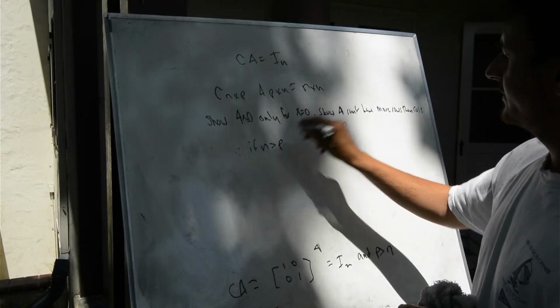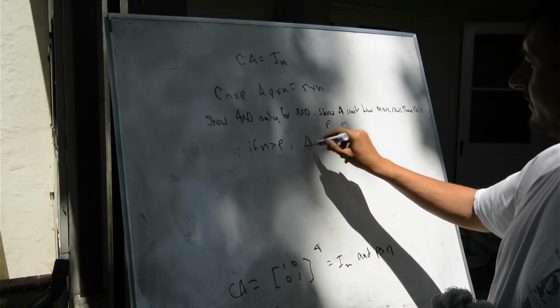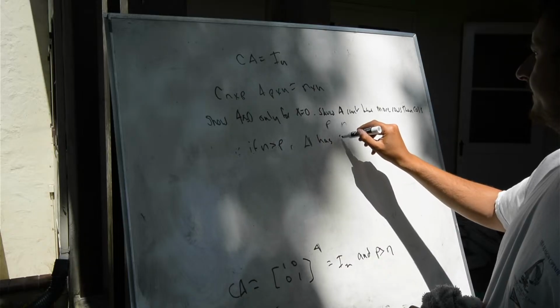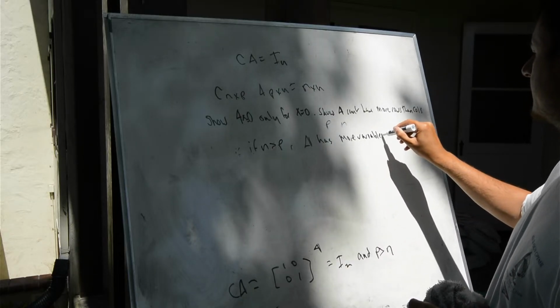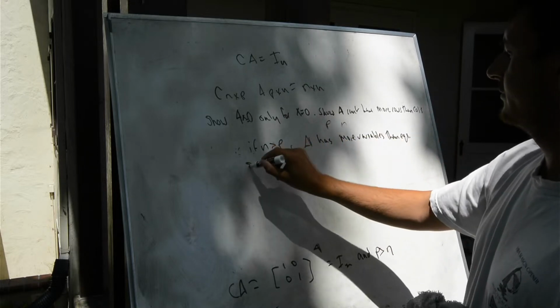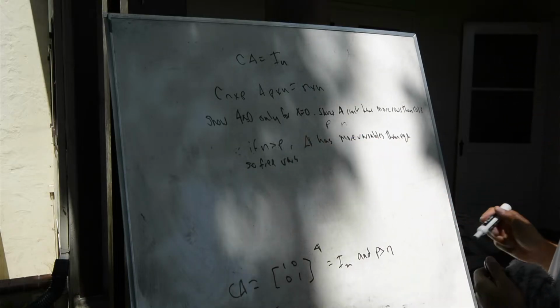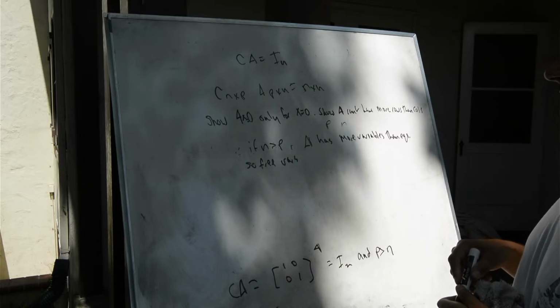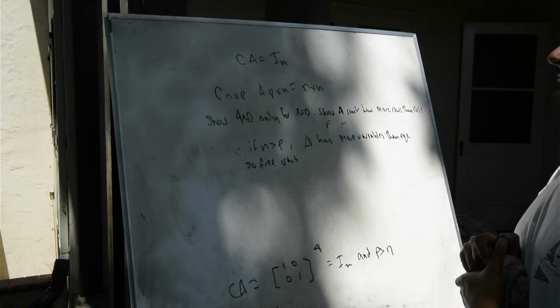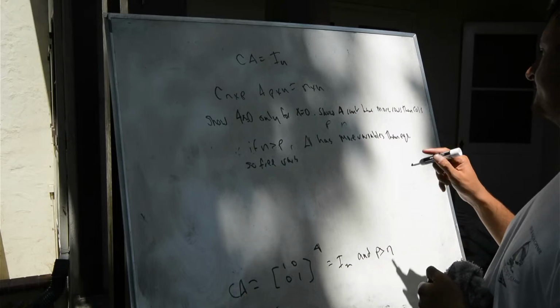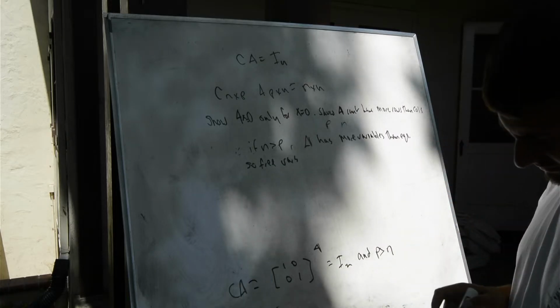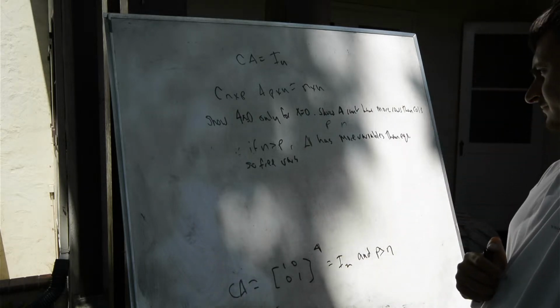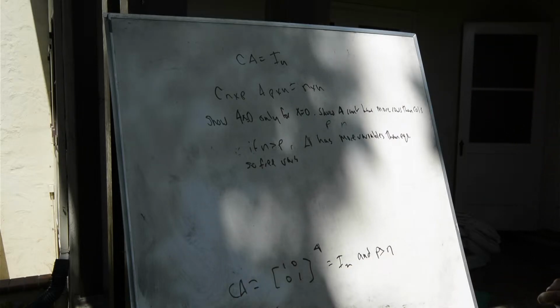If N is greater than P, then A has more variables than equations, so free variables. Which means, what about the pivots?